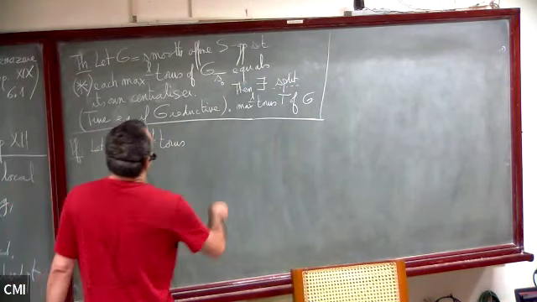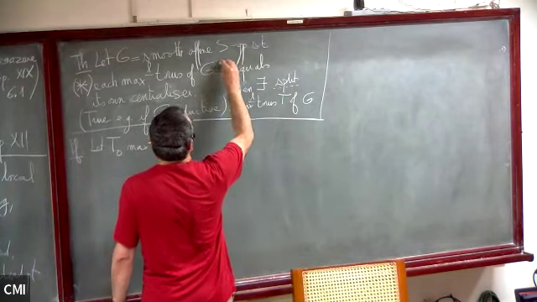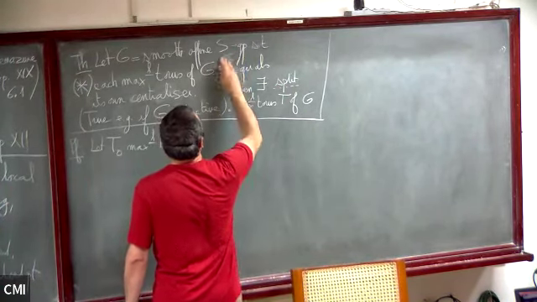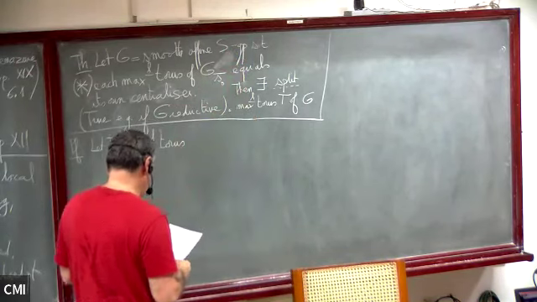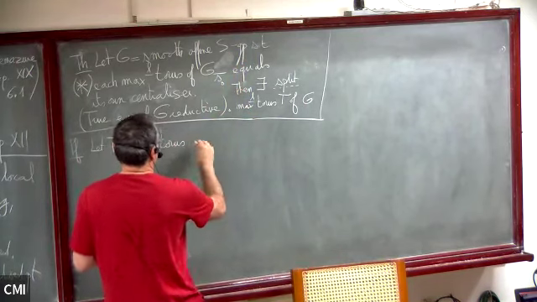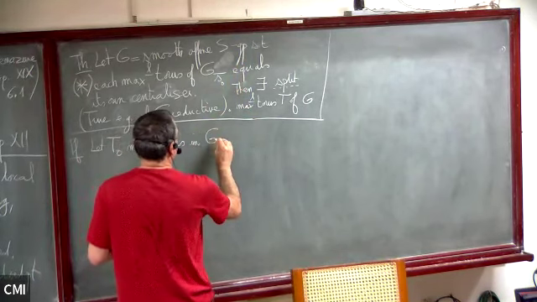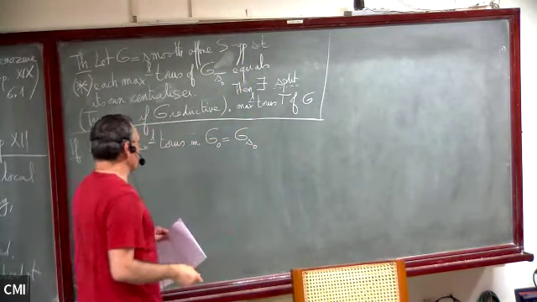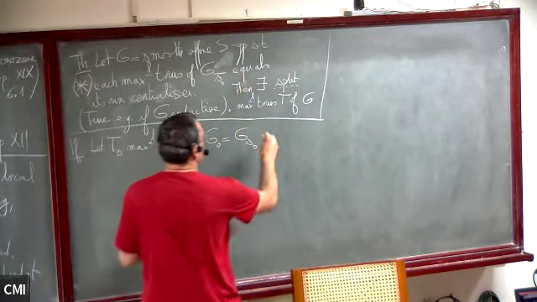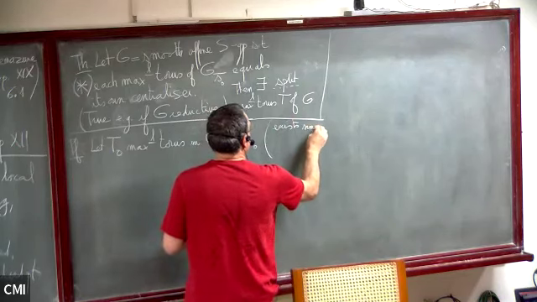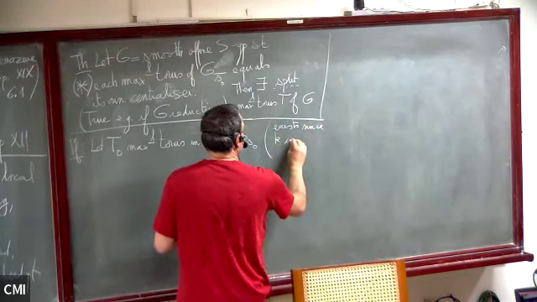So let T_0 be a maximal torus in G_0. And this exists since K is infinite.